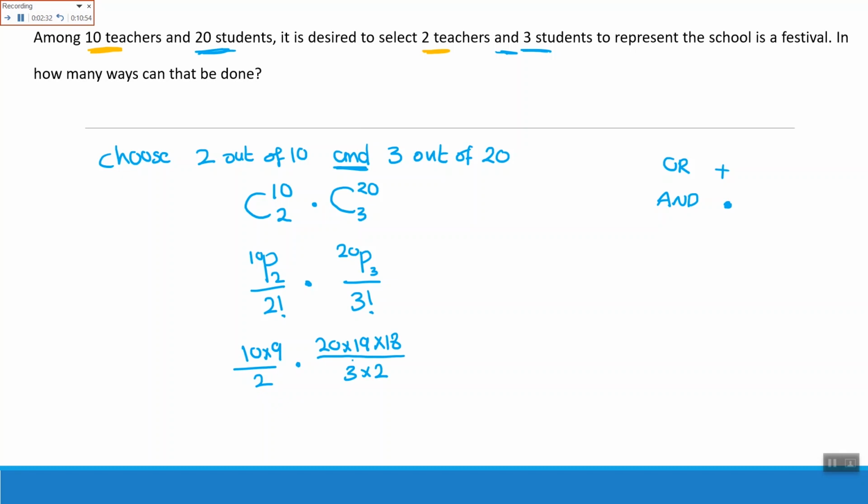We can cancel 3 times 2, which is 6, with 18. We get 3. We can cancel 2 with 20, I can get 10. Or 2 with 10, no problem, but I prefer the 10s. So what do we have now? We have 3 times 9, which is 27, times 19. So 27 times 19 is 513.